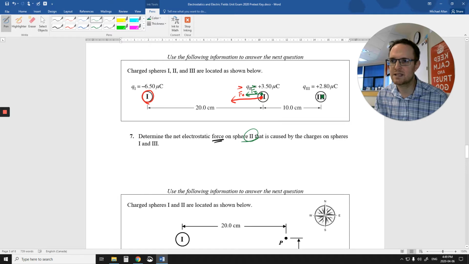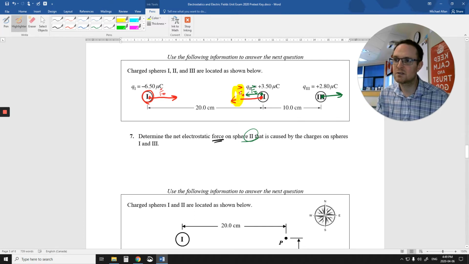If you want to think about what's happening to 3, it's getting repelled as well. And 1 is getting attracted this way, equal and opposite forces. But they are there, but we're really worried about what's happening on this guy here, right? So if I can find those 2 forces, I can add them together.